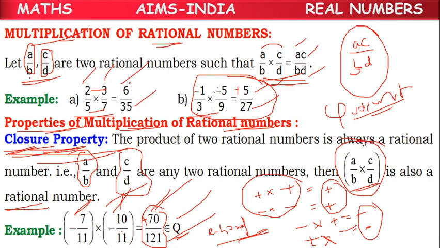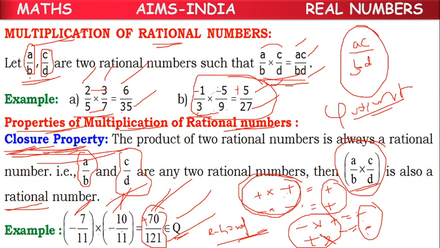Multiplication is very simple, multiplying numerators, multiplying denominators. But you have to take care regarding the signs. Product of same signs equal to plus, product of different signs equal to minus when they are in even numbers.